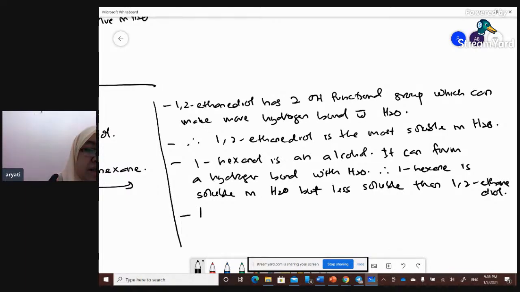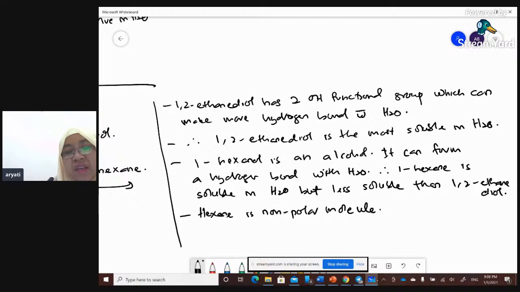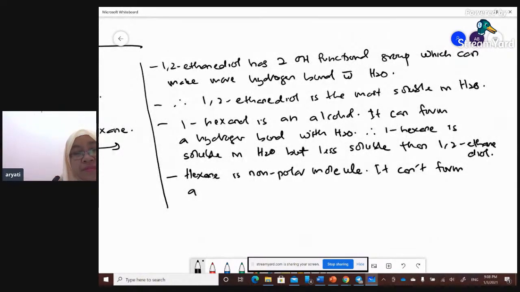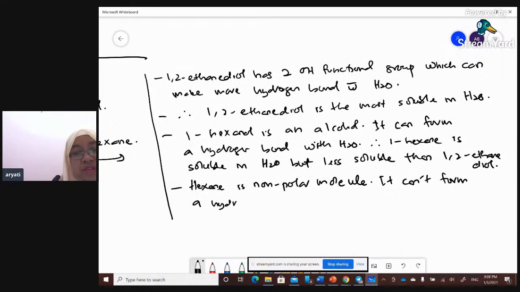Okay, hexane is very less soluble in water because hexane is non-polar molecule. Okay, it cannot form a hydrogen bond with water.